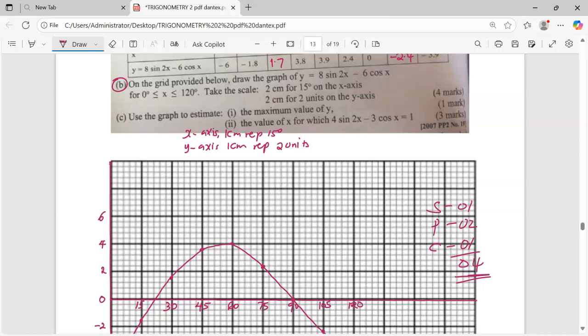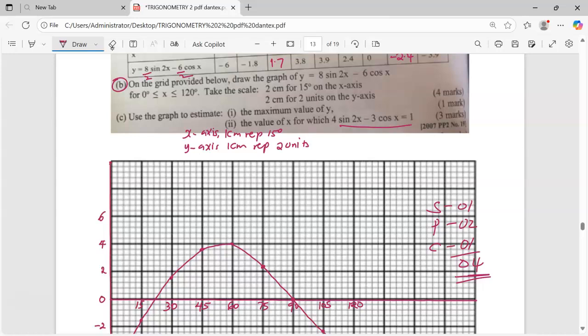Remember, they have simply reduced this curve by 2. That is what we are having here, such that we have y equals 4 sin 2x minus 3 when you divide by 2 cos x. And that is basically what we have.